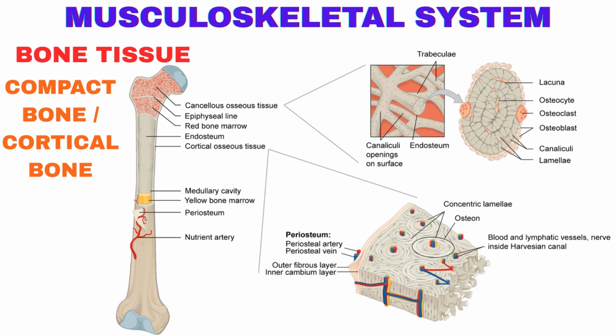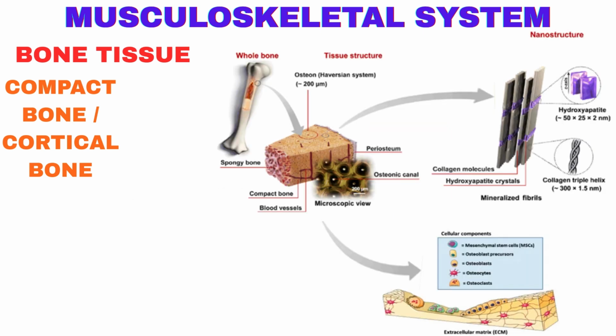The collagen fibers of each lamella run in one direction, whereas those in nearby lamellae run in different directions. This alternation of collagen fiber placement strengthens compact bone and resists twisting movements. Between collagen fibrils, bone salt crystals are also aligned with directional alterations. Bone tissue is mostly made up of collagen and inorganic salts such as calcium phosphate.